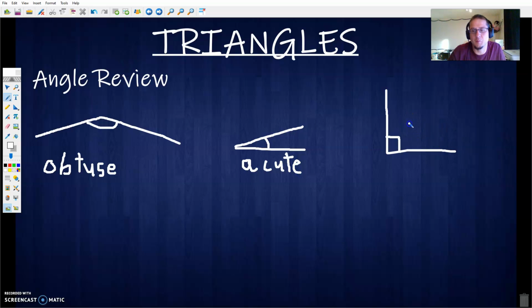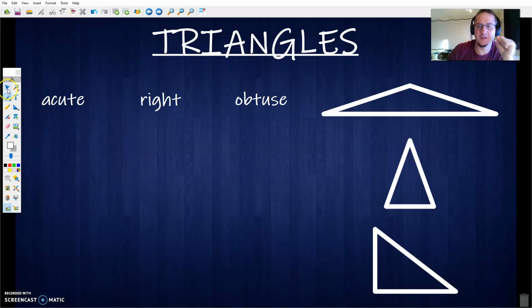And then if you remember this one here, where it is exactly halfway between big and small, being a 90-degree angle, we refer to that as a right angle. Okay, you need to remember those three words. Obtuse, say it. Acute, your turn, say it. And right, say it. Acute, obtuse, and right. We need to remember those three words when it comes to naming our triangles.